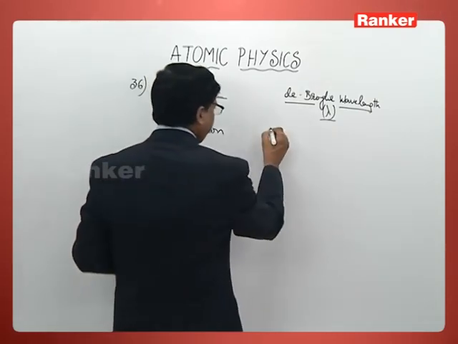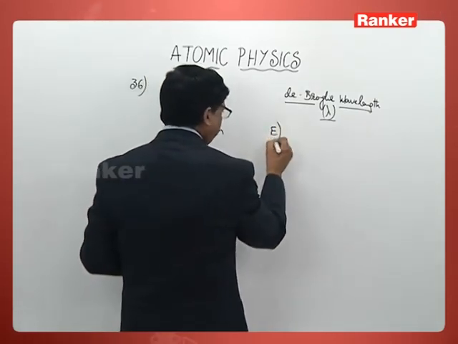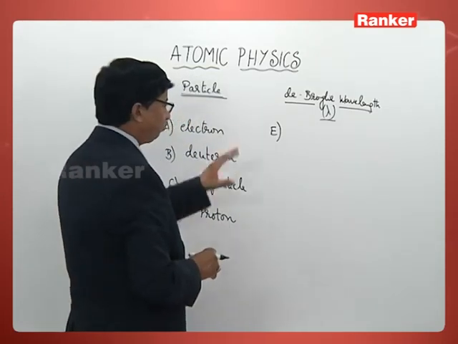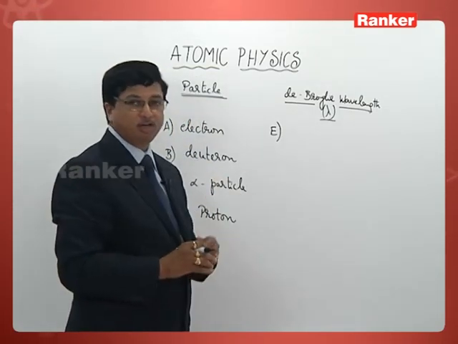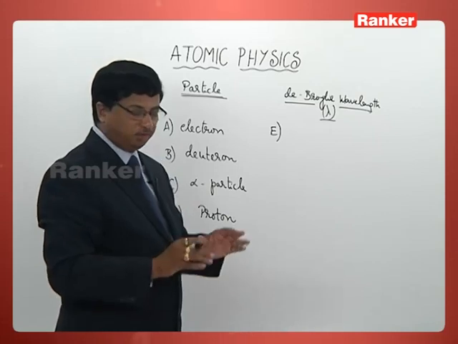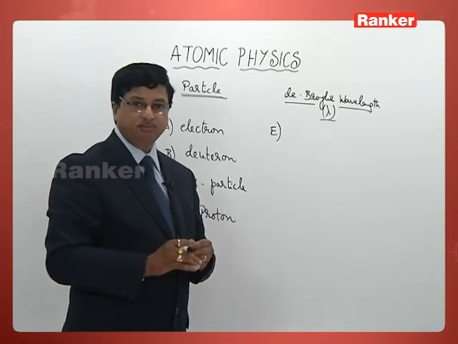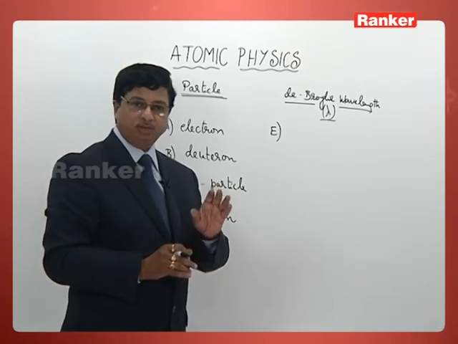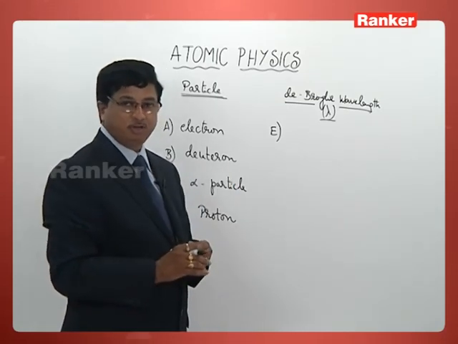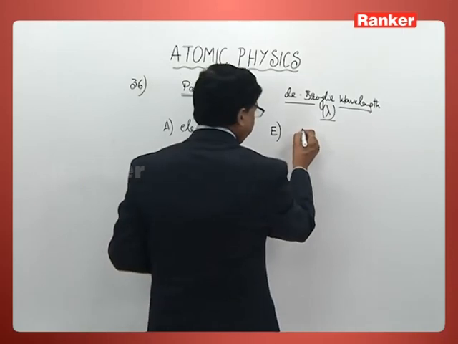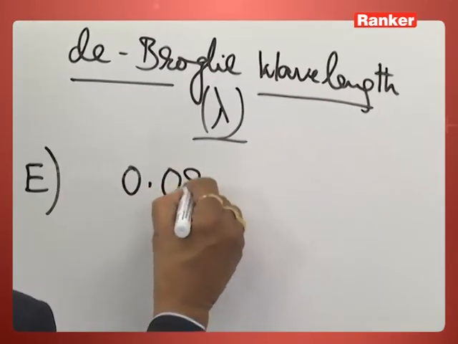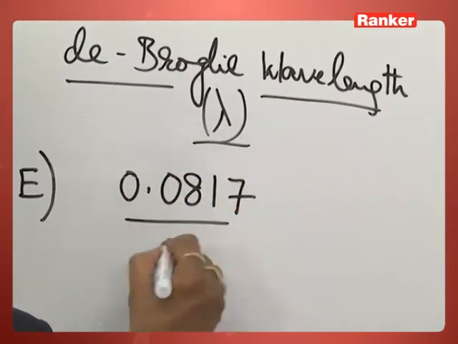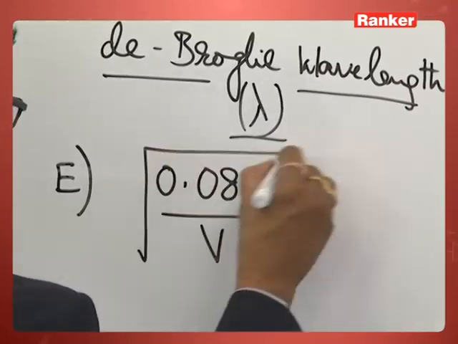Next, if you take the corresponding de Broglie wavelengths, he has again mentioned four different values. He has not given the total value because V will be a variable there. So he has given a simple form.